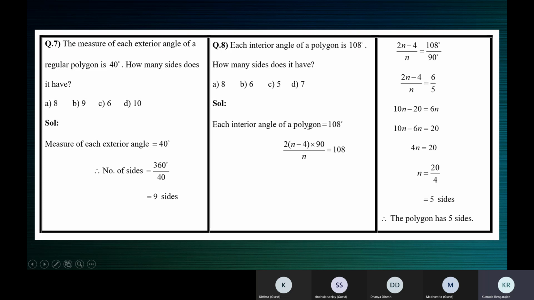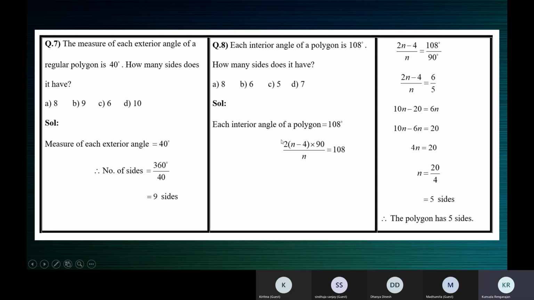How do we find each interior angle? 2n minus 4 into 90 by n, or n minus 2 into 180 by n. This is the formula to find the sum of all the interior angles of a polygon: 2n minus 4 into 90, or n minus 2 into 180.